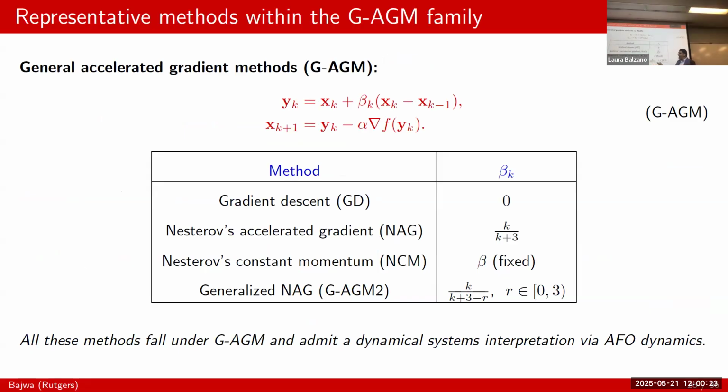Other groups have also looked at, for convex functions, a generalization of Nesterov's momentum with k over k plus 3 minus r, for r between 0 and 3. Effectively, as you increase r, you are making your momentum beta k term larger, and they showed convergence for that. That is effectively what allows us to think about trading off momentum versus escape versus convergence.